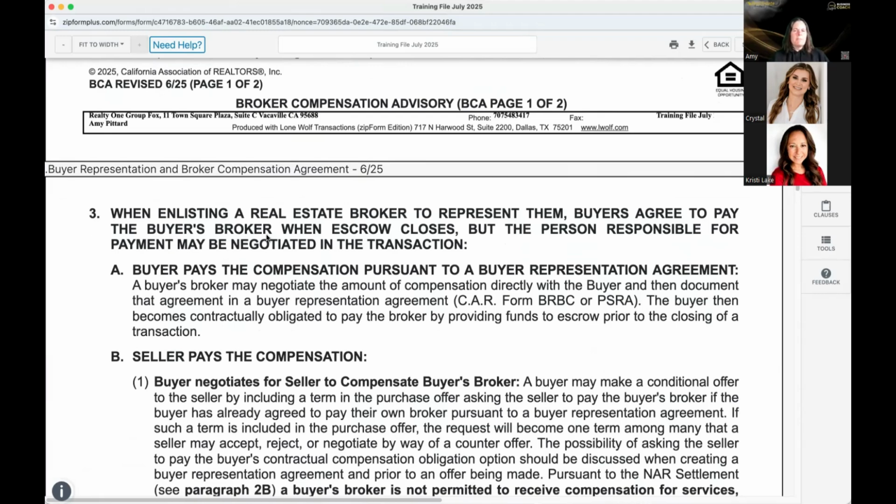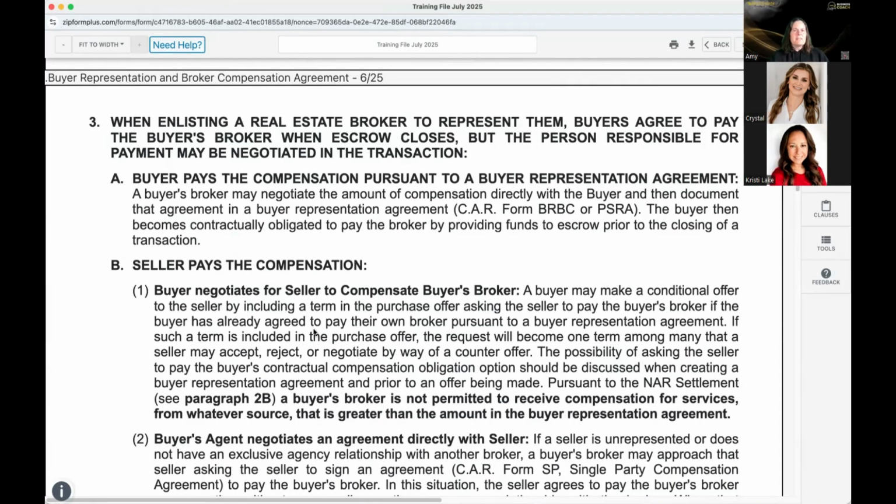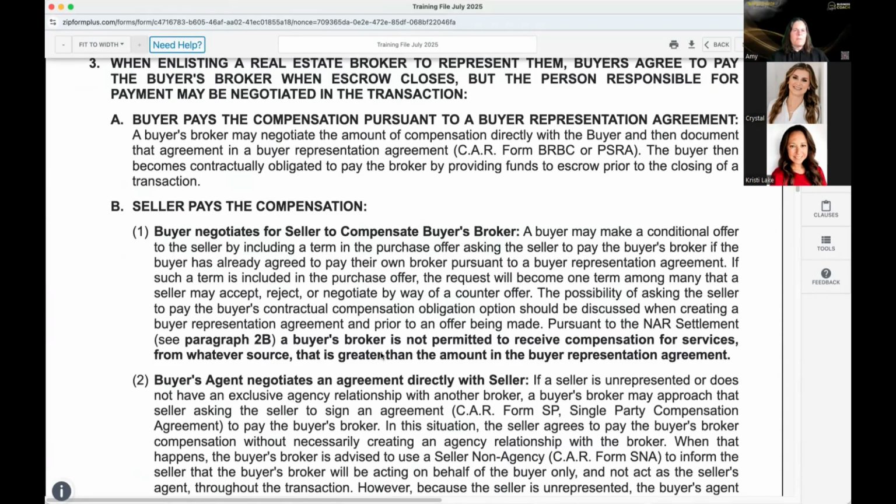And I would make sure that you phrase it that way and not that, well, I can get paid by the seller. I would say we can work to negotiate as part of the transaction that the seller pays the compensation on your behalf to me. Okay. Buyer pays compensation pursuant to a buyer representation agreement. Seller pays the compensation. Here's the different ways that it can happen.